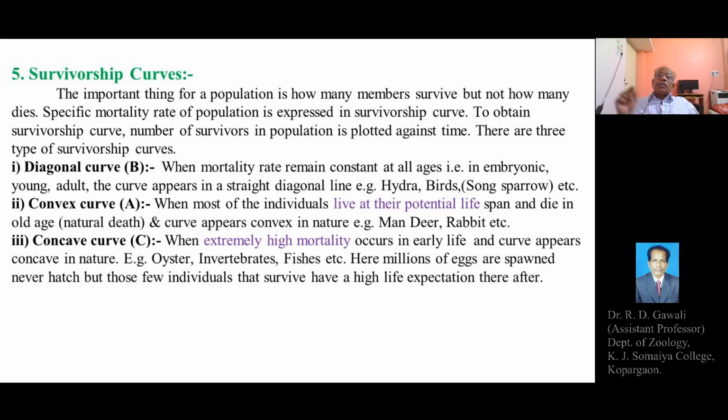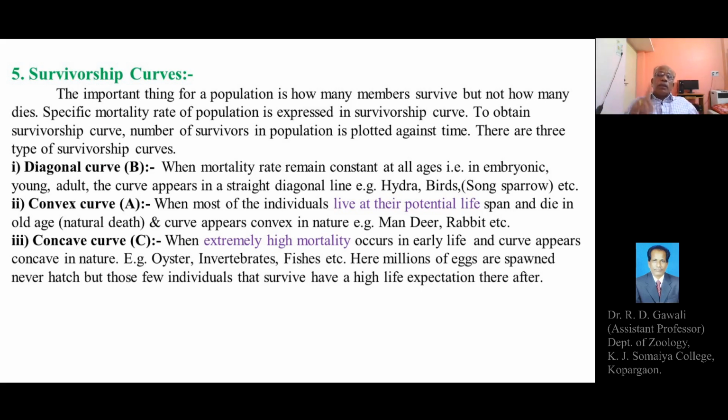In these examples, females lay or spawn millions of eggs, but a large quantity of the eggs never hatch into young ones. But those few individuals that survive have a high life expectation, and can survive for their potential or expected lifespan thereafter.